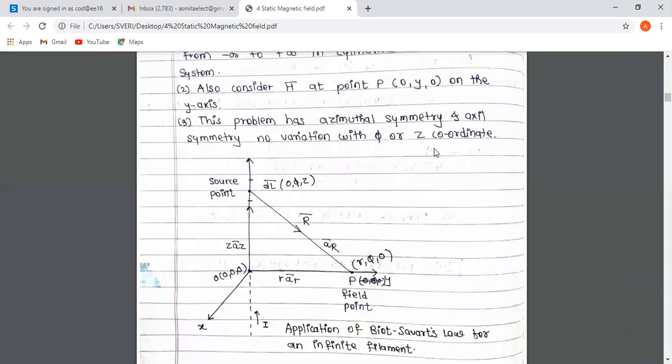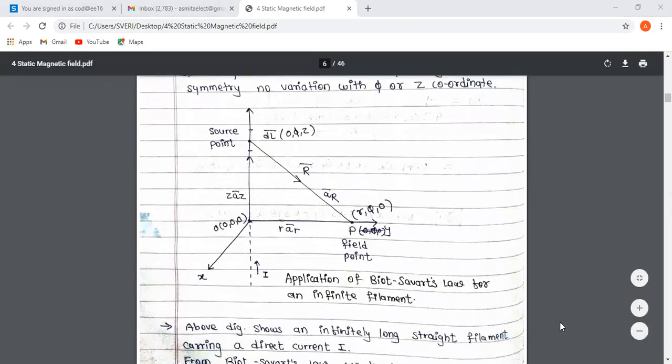Any doubts? Roll number 16, Shivani. Roll number 16. Yes, ma'am. Okay, are you getting? Yes, ma'am. Okay.